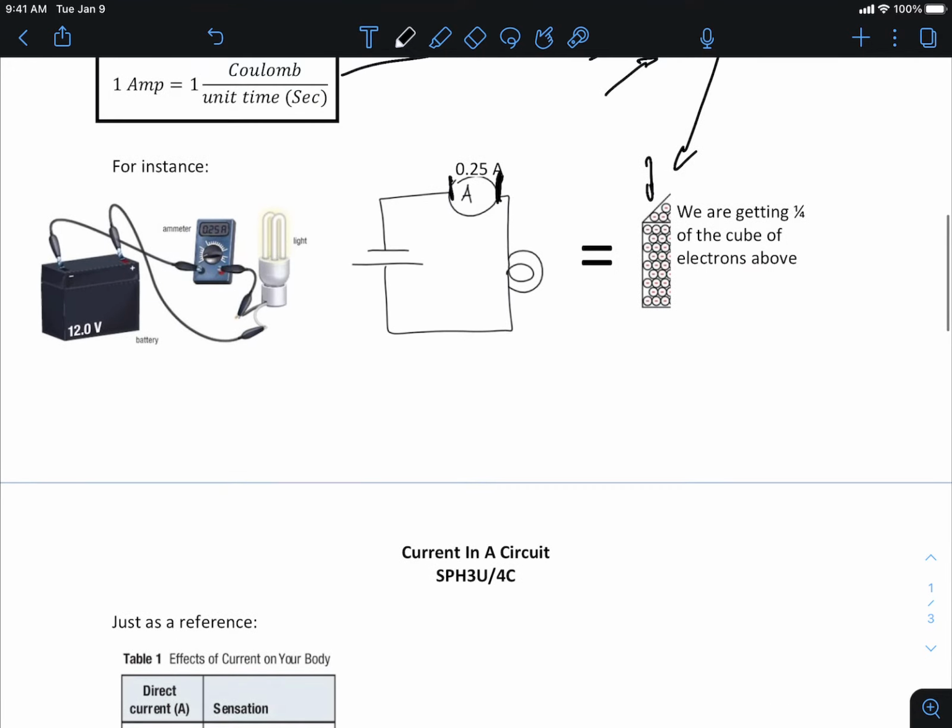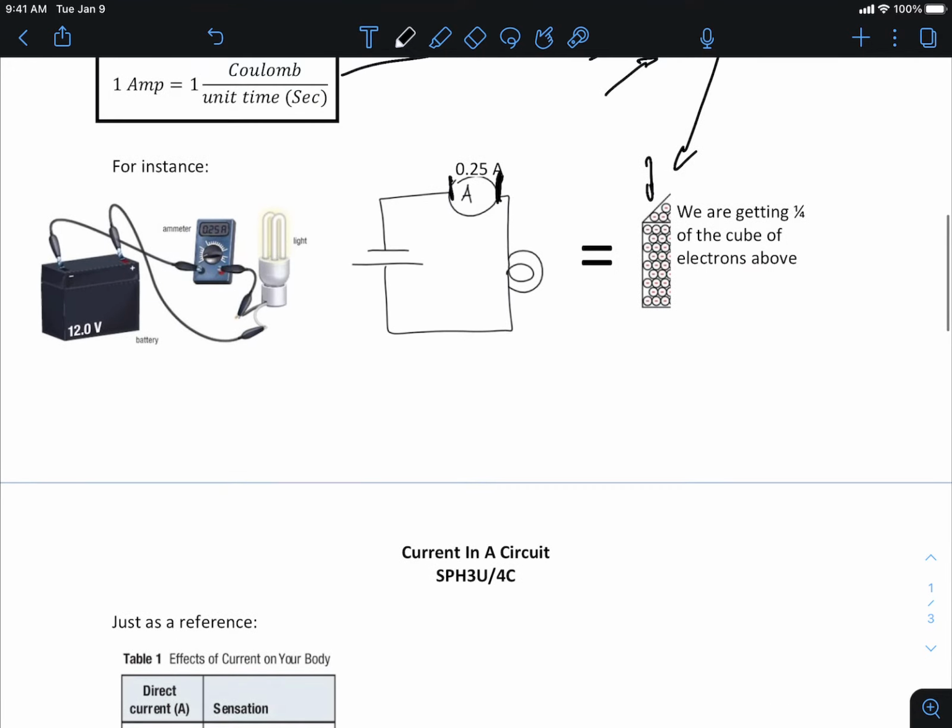Okay, and so we're going to just apply this equation. The reason I wrote this here is that we see what our units have to be in order to actually get an answer in amps. We can't use things like millicoulombs or minutes. One amp has to be coulombs per second. So the units that we've got there aren't useful to us in their current state.